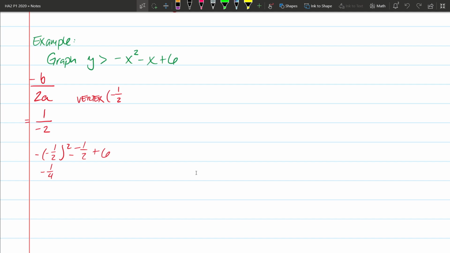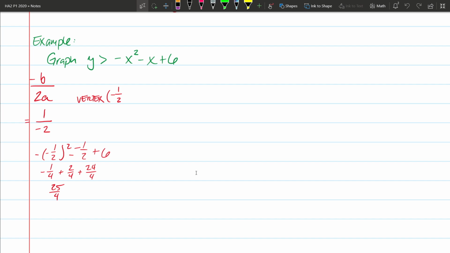The negatives cancel out and make a plus. Make my fractions convenient. 1/2 is 2/4. And then plus, let's see, 6 times 4, 24. 24/4. So negative 1/4 plus 2/4 is going to be 1/4. And 1/4 plus 24/4 will be 25/4. Gross. Or 6 1/4, however you want to do it.